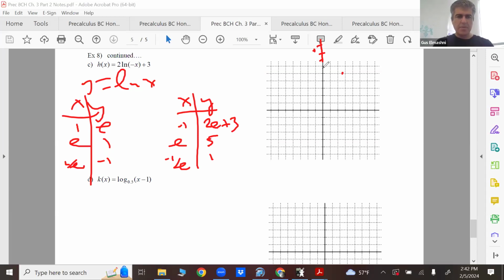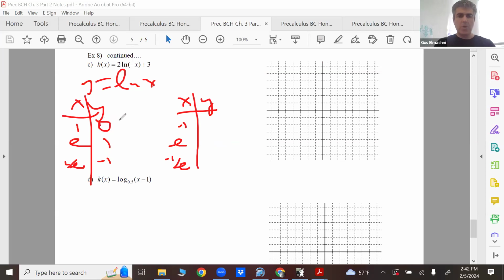Hold on. Oh, when I plug in 1, natural log of 1, that's 0. You're right. You meant that to be 0, right? Sorry about that, guys. I knew something was off.